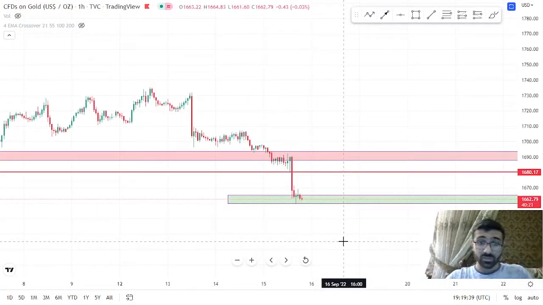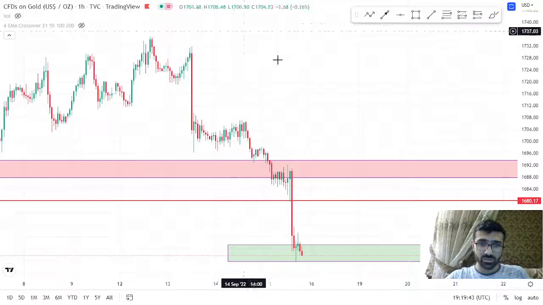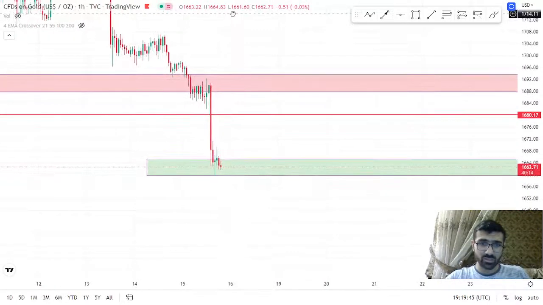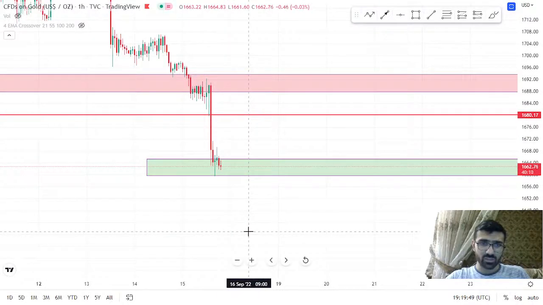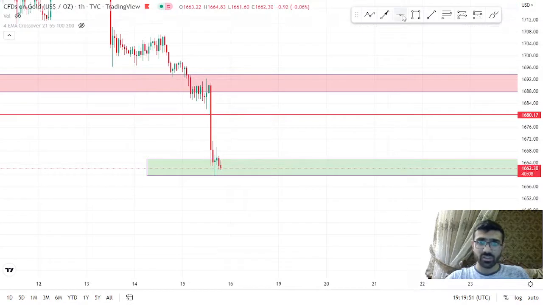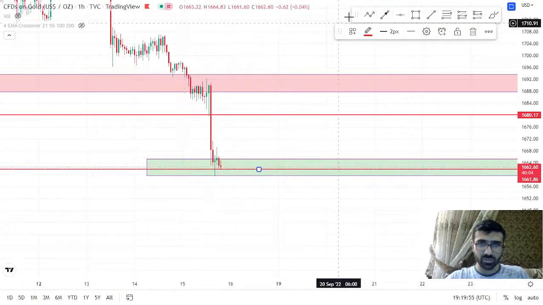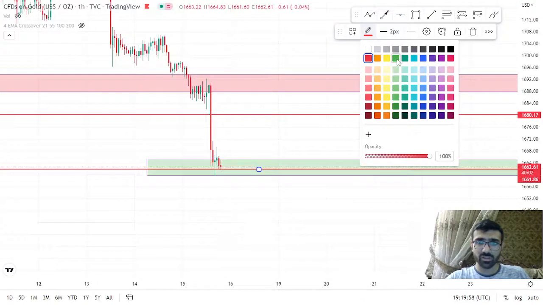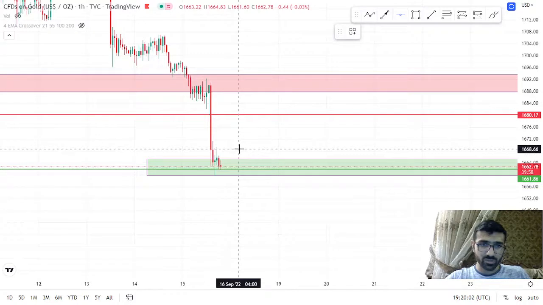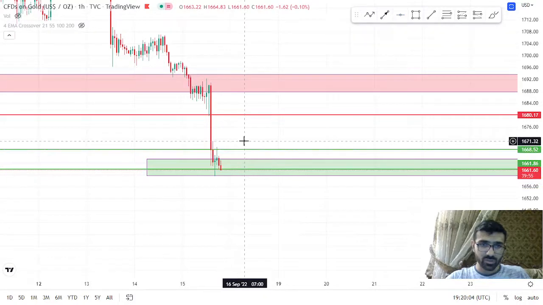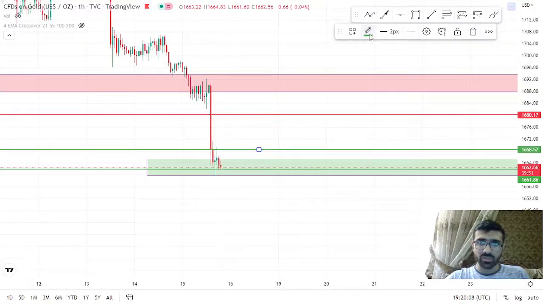Okay, so in the 1 hour chart, what you guys can see clearly is that this support area is being respected. Let me mark my most recent area of support, which will be this area. Now let me change its color to green, and let me mark another recent area of resistance, which will be this. Okay, so how are we going to take trades in gold?